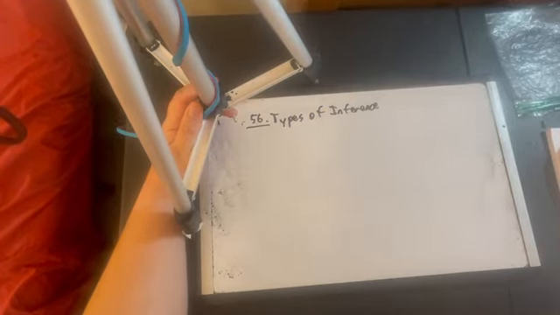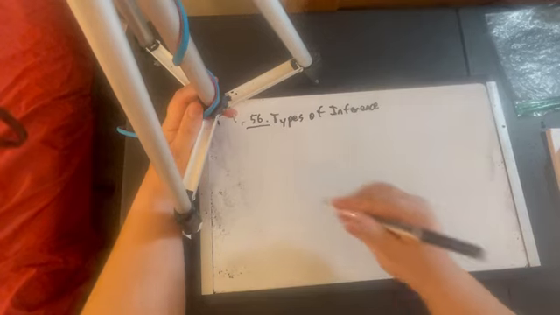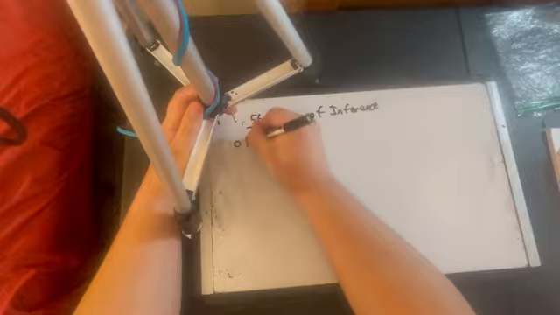We touched a little bit on these before, but Aristotle gives names for different kinds of inference.